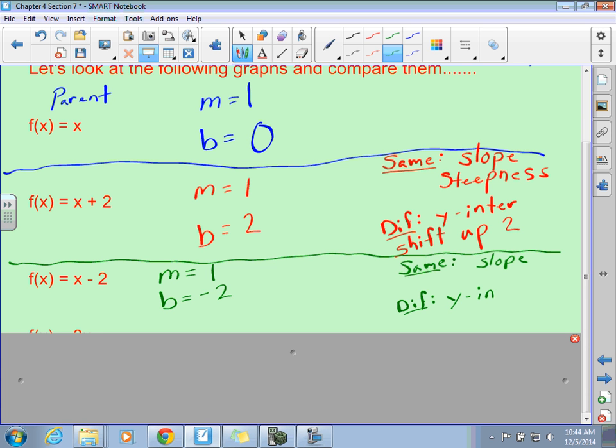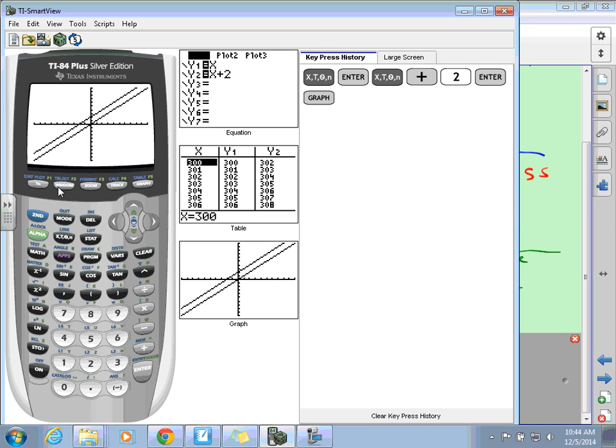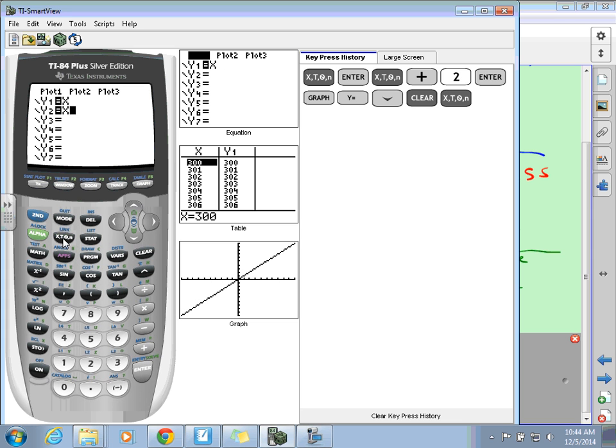All right, let's go back now to my graphing calculator and take a look. I'm going to go back to my equations. I'm going to leave my parent because it's always the same, but I'm going to change the kid. And I'm going to go x minus 2. Here's mom and dad, here's the kid. What's the same?